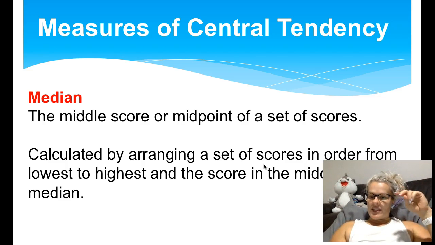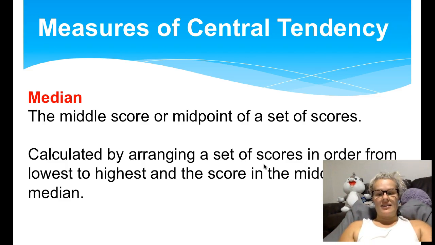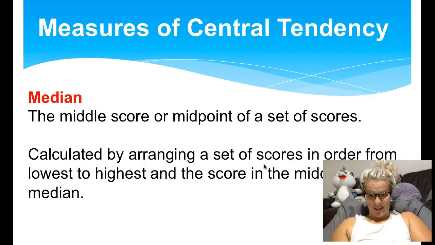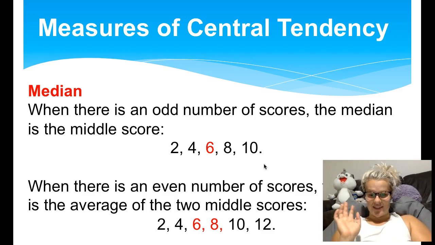So the second thing you need to know is the median, and the median is the middle score, or the midpoint. So remember, median, medium, middle. It's calculated by arranging a set of scores in order from the highest to the lowest, and the middle score is the median. So when there is 5, you'd use the third number.